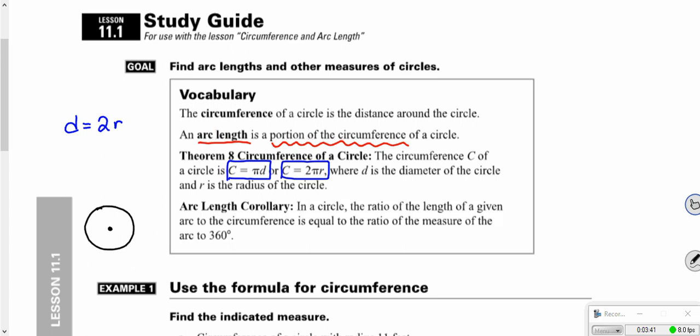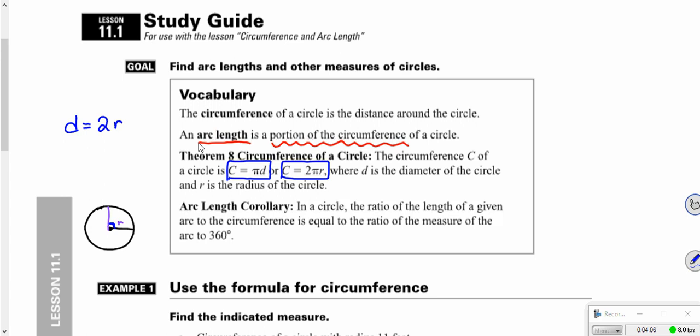Okay, if this is our R, okay, first of all, notice I put a little box there. That's 90 degrees, okay? That is also 1/4 of the circumference, okay?